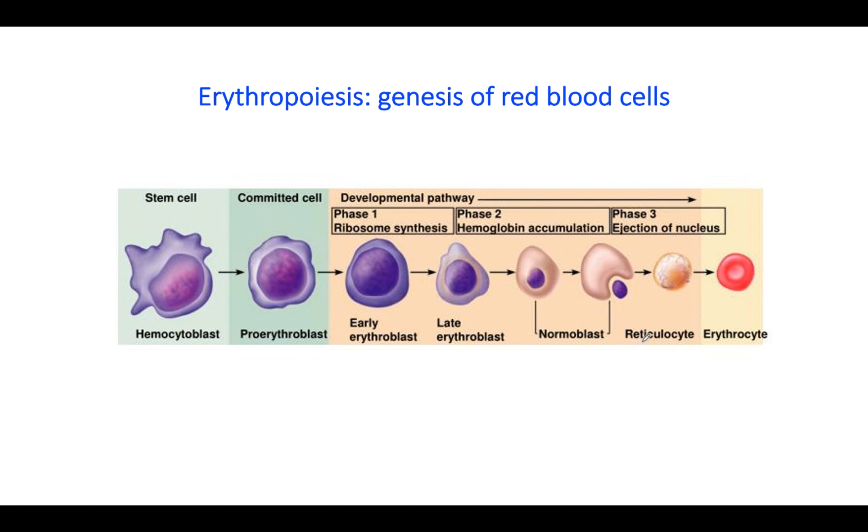This reticulocyte cannot immediately function as erythrocyte. It needs to mature. So it takes 1 or 2 days for maturation through blood circulation, eventually resulting in mature erythrocyte.